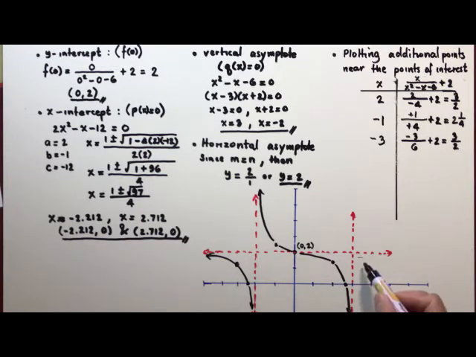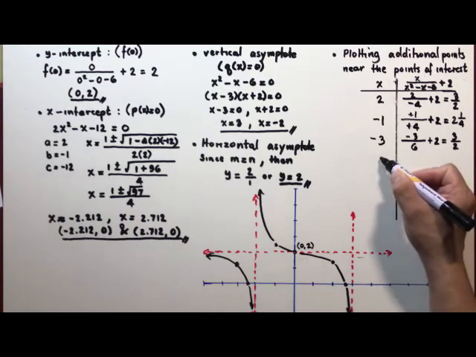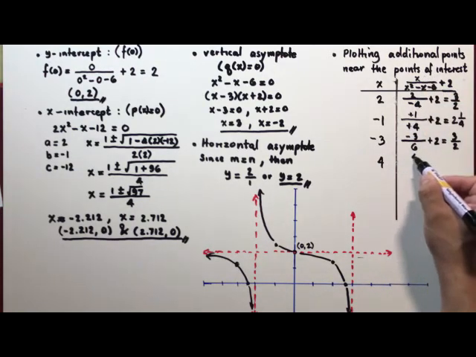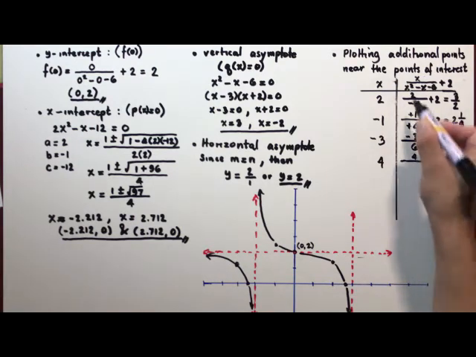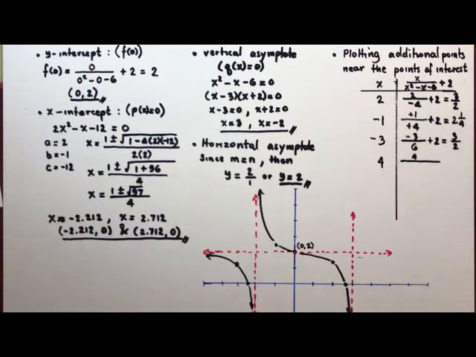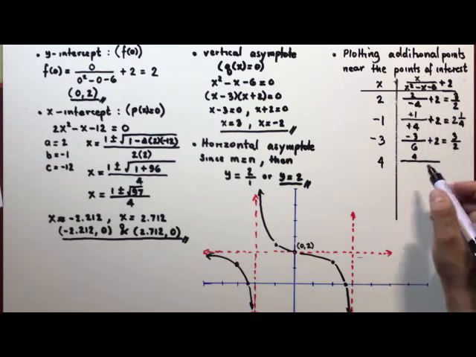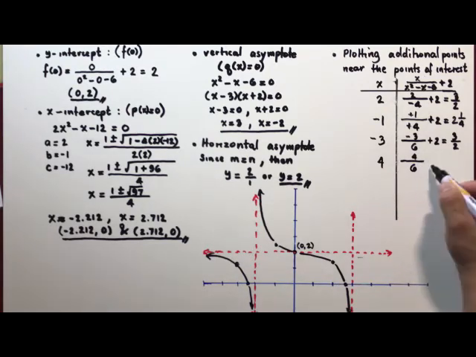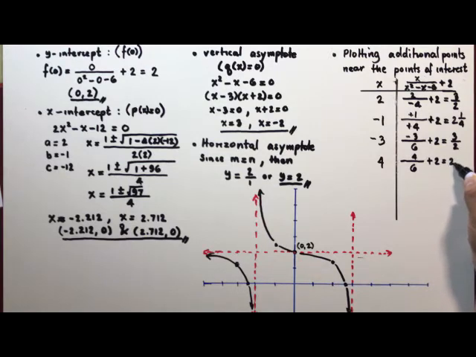Now let's also plot a point to the right of this vertical asymptote. So let's try maybe 4. Substituting 4 there, 4 over 4 squared, which is 16, and 16 minus 4 is 12, and 12 minus 6 is 6. So this is 2/3 added to 2, that is equal to 2 and 2/3 here.